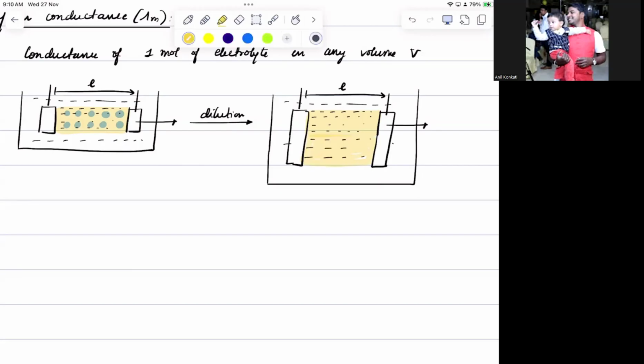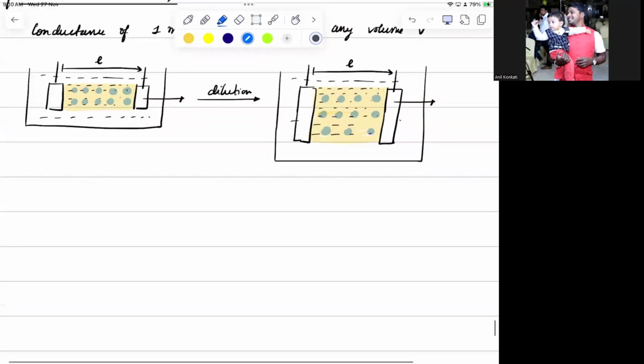But these are the same ions we took earlier. The same number of ions are present. But on dilution, what happened? You had to change this dimension to ensure that the same 1 mole is being accommodated.